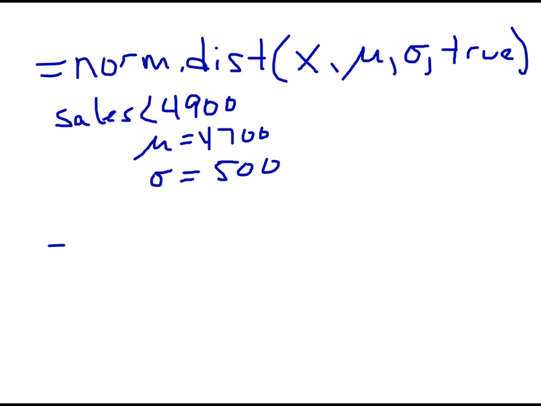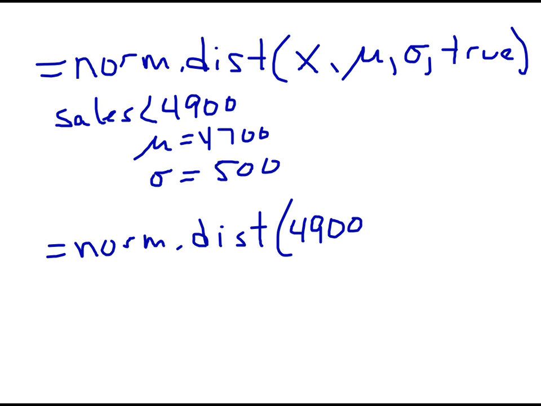So in Excel, you type norm.dist, parentheses, 4,900, comma, 4,700, comma, 500, comma, true. I ran out of room there, sorry about that, and close parentheses.